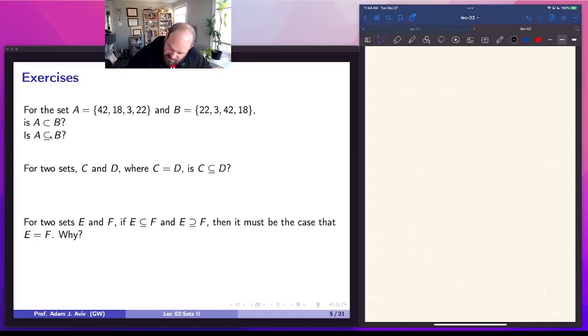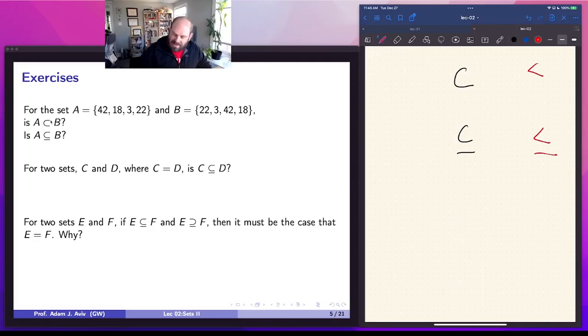Remember, we just said a second ago that these things are very analogous to less than and less than or equal to, right? So if it doesn't have the line underneath, they can't be the same set. Now let's see, are these things the same set? We have 42, 18, and we have 3, and so I would say, yeah, they're the same set. So it's not a proper subset.